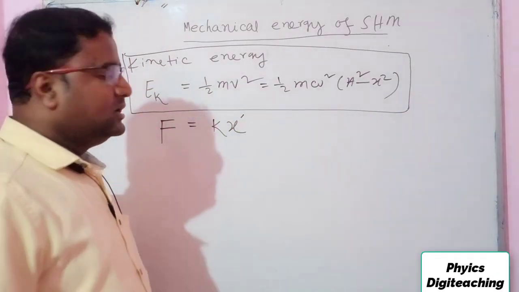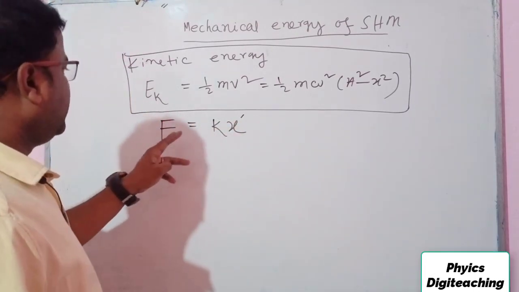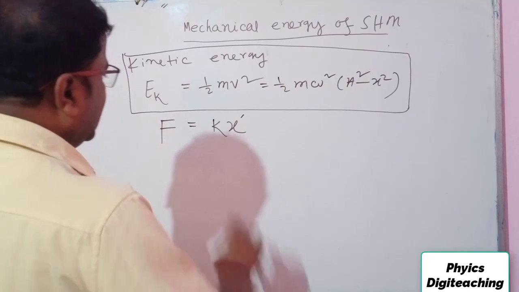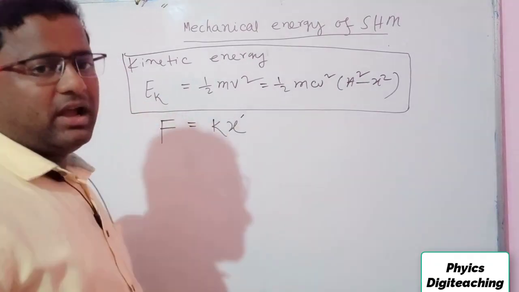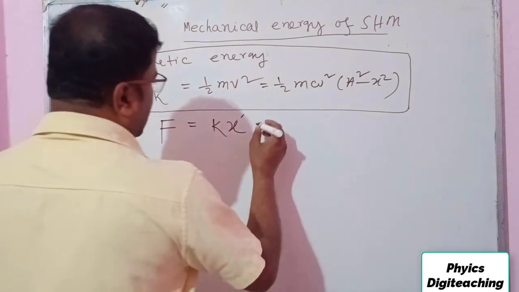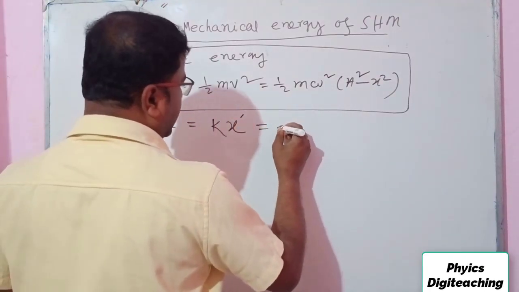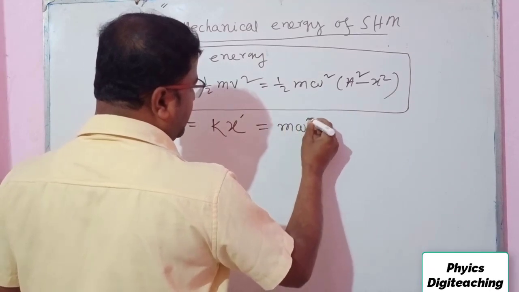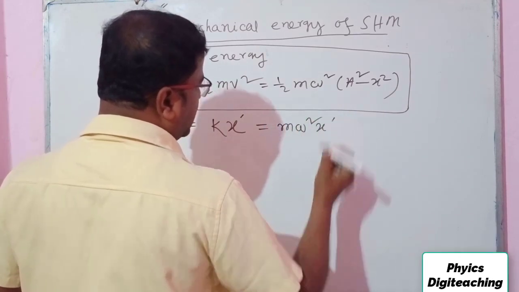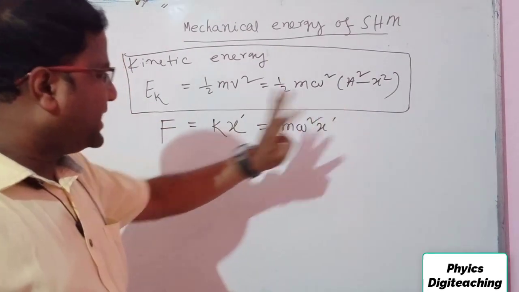For our simplicity of calculation, we take this force F equal to kx dash. Here x dash is the instantaneous displacement, and we know this constant k can be written as m omega square, so F equals m omega square x dash.